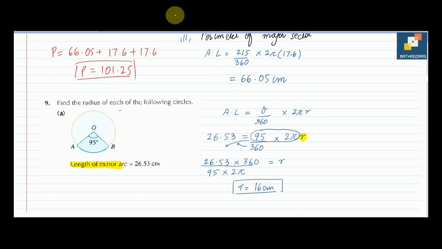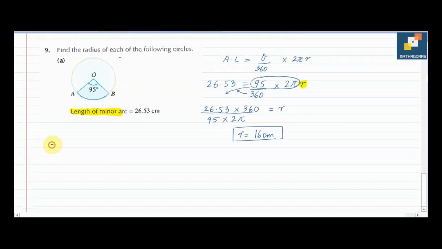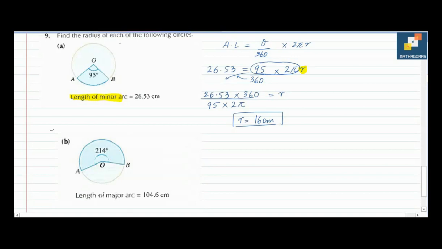Moving on to the next part, that is part B. Now you need to try it first. Apply the working formula. Same question, you need to find the radius. Now it says the length of the major arc and theta is also for the major arc. So you need to compare these two things in every question.